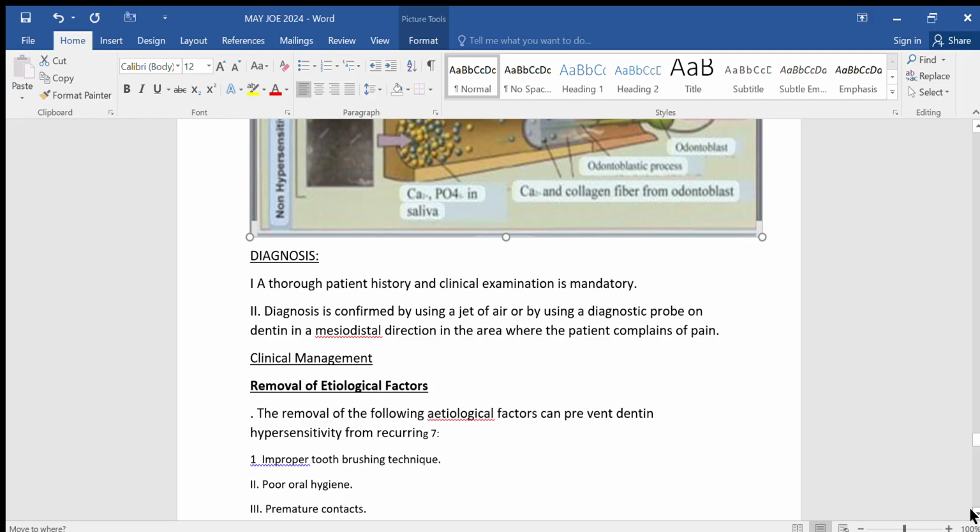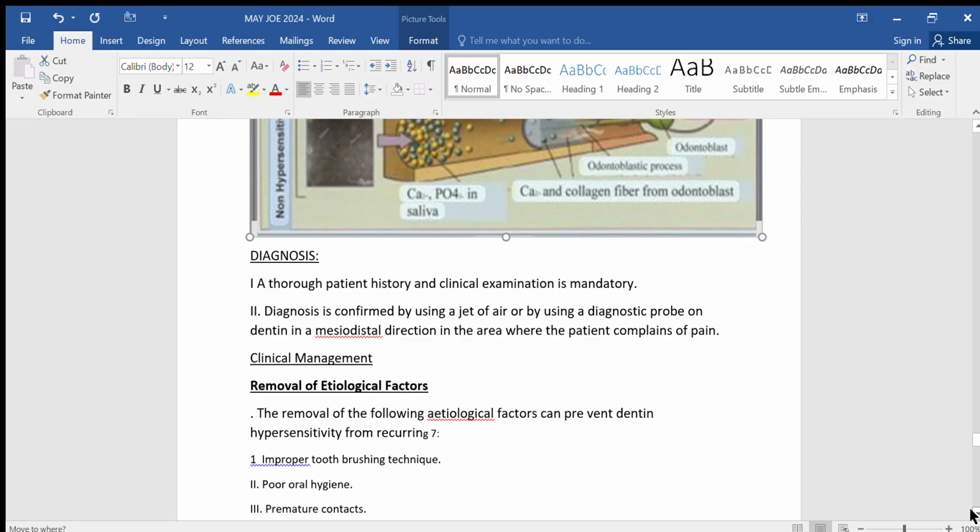From the dental history point of view, inquire about any periodontal treatment, as mostly after periodontal treatment, cementum denudation occurs that leads to sensitivity.